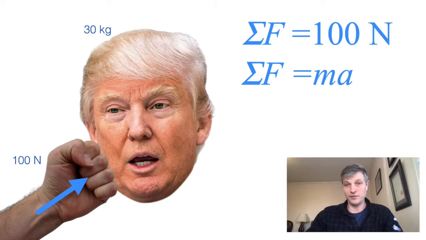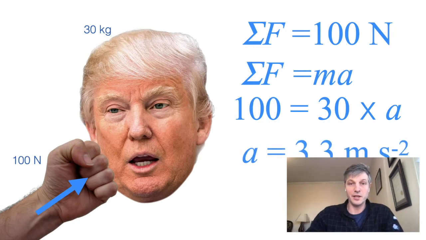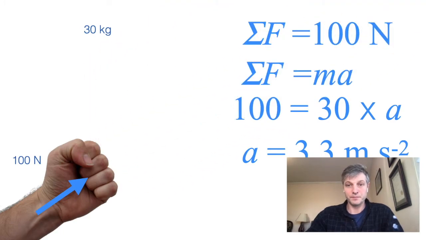So if we substitute these values in, we get 100 equals 30 times a. To make a the subject of this equation, I'm going to divide both sides by 30 and I'll end up getting an acceleration of 3.3 meters per second per second. And what do you know, off he goes.